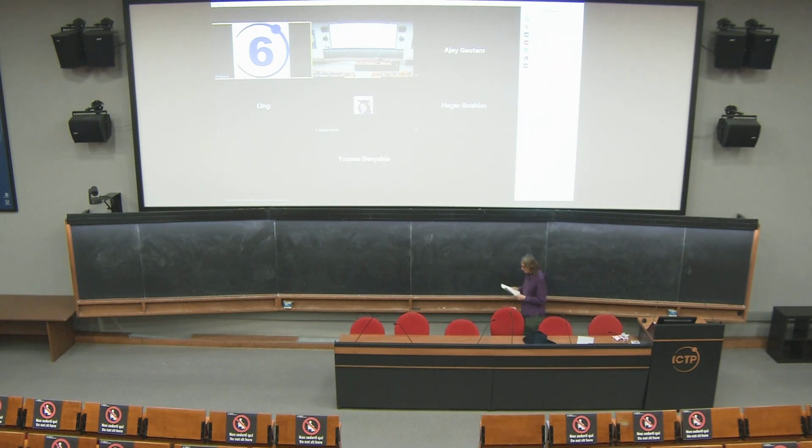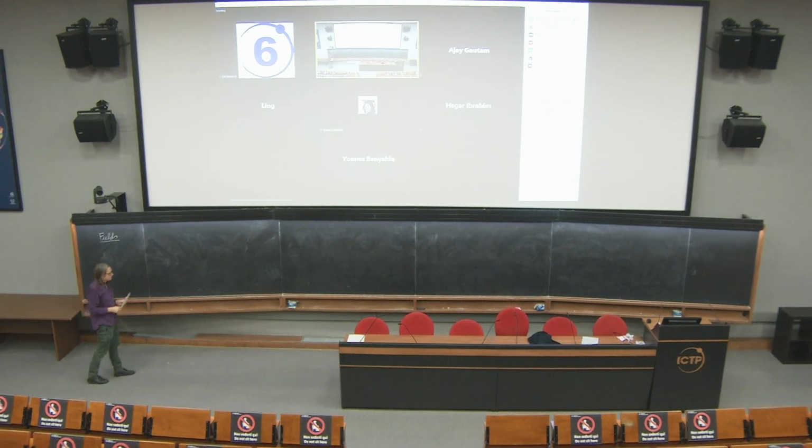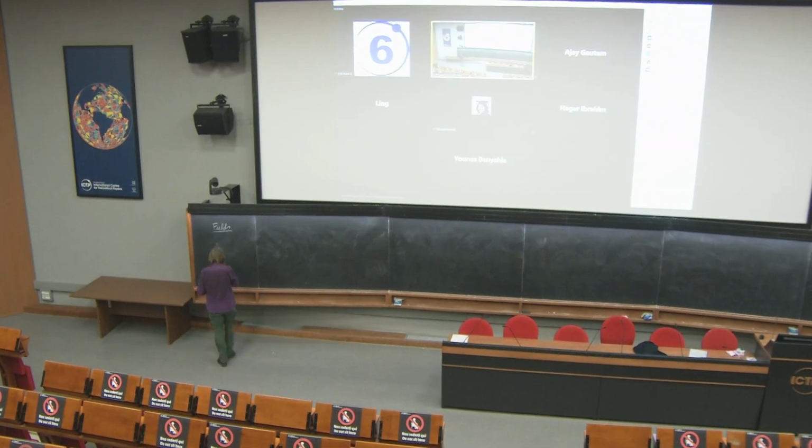Okay, so now we'll start. So we were talking about fields. Mostly we'll talk about field extensions and Galois theory. I had introduced the characteristic of a field, and I had introduced what is a field extension.